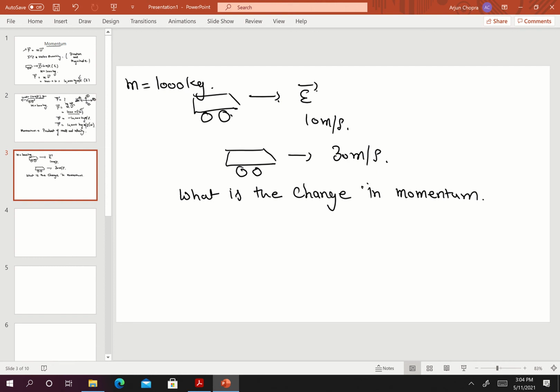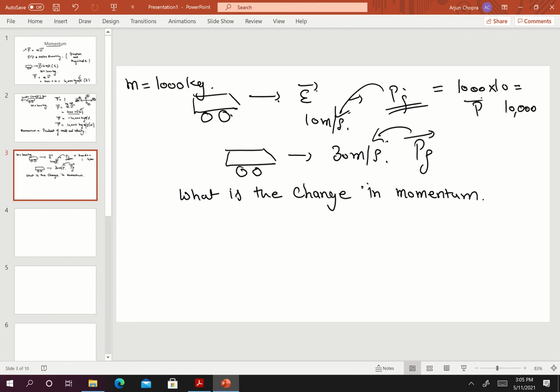To do that, first of all, I'll find the initial momentum, P initial, which is associated with this 10 meters per second, and then I will find the P final, which will be with respect to the 30 meters per second. So initial momentum is equal to 1000 times 10, that will be 10,000 kg meters per second. P initial, I'm not writing the units here, but make sure in exams you do write the units.